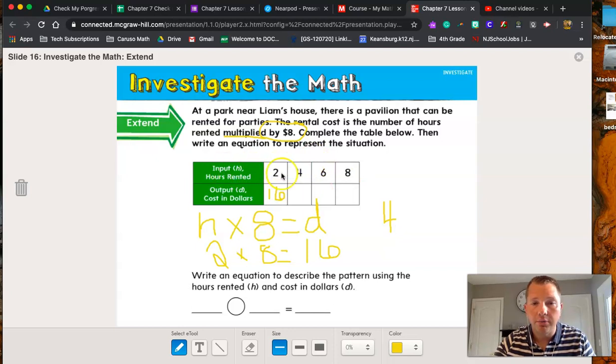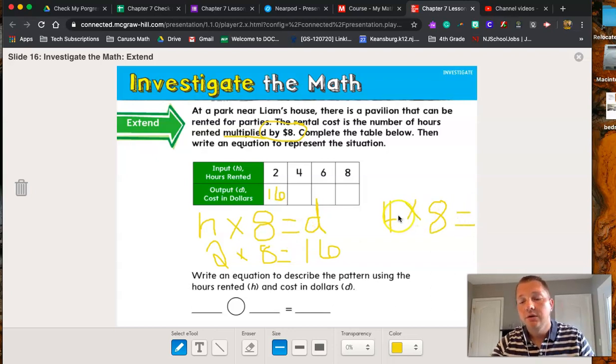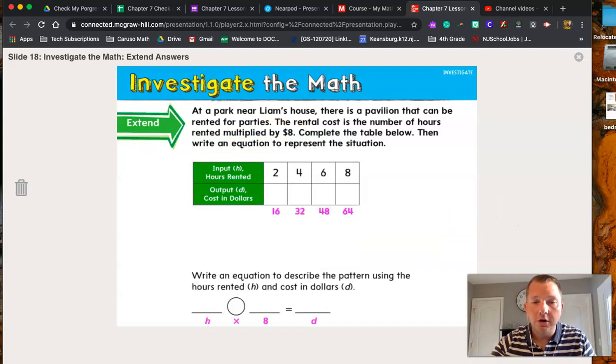H, input, telling me it's 4, and then I'm multiplying it by 8, because that's what it told me inside of the word problem. And then I've got to figure out what d is, what my output is. So 4 times 8, and my answer is going to be 32. And I would just keep on going through and filling in this chart: 16, 32, 48, and 64. And I got my chart filled out.